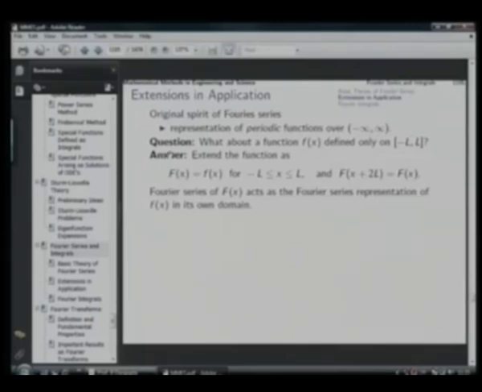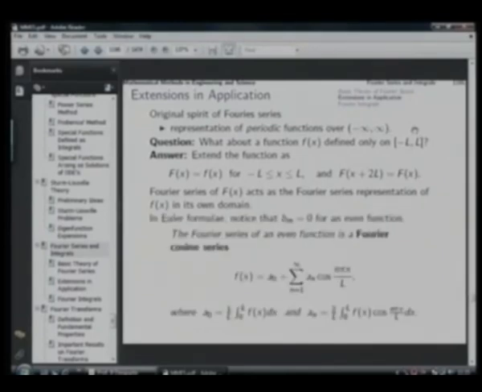Okay. So, this is the periodic extension of a function which is not periodic. Okay. So, this is a non-periodic function defined over a finite interval. We make a periodic extension of it.